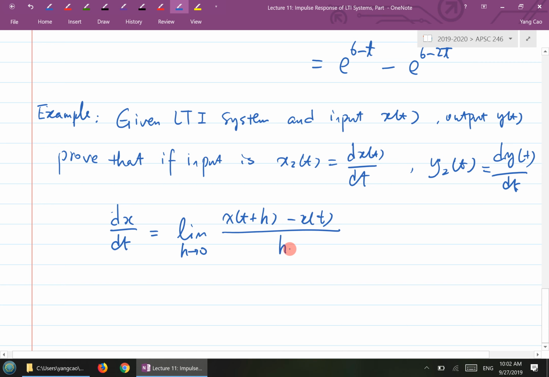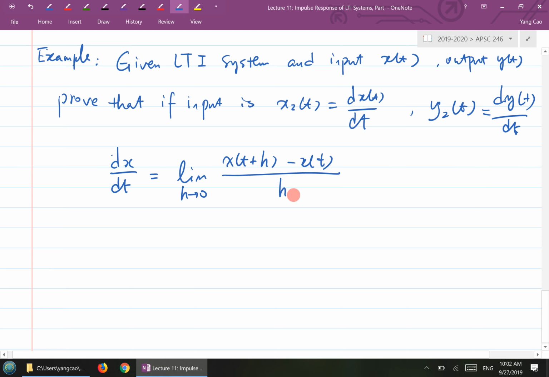That gives you the rate of change around t. If this is dx over dt, then this is your x2 of t here, and x2 of t involves this limit.